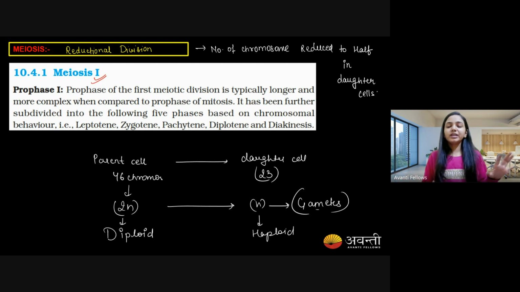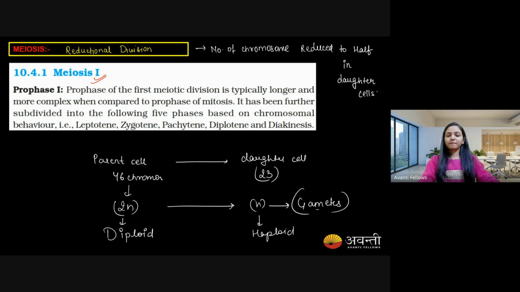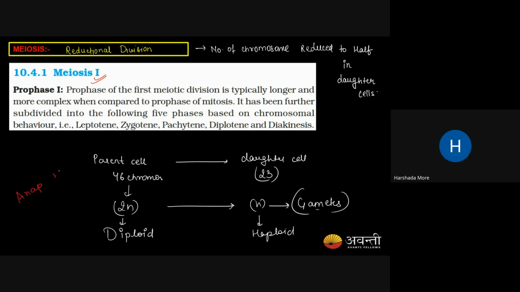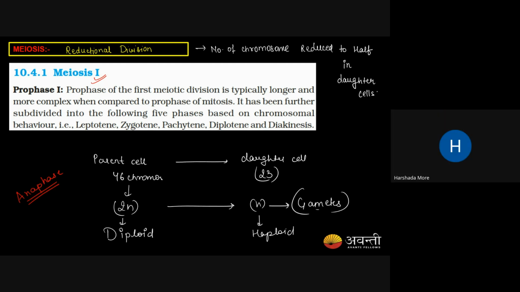If somewhere it is written as anaphase 2, of which division will it be a phase? Meiosis 2. If somewhere it is written as only anaphase, it will be mitosis. Did you understand the differentiation? Only anaphase, mitosis. Anaphase 1, meiosis 1. Anaphase 2, meiosis 2. Exactly.